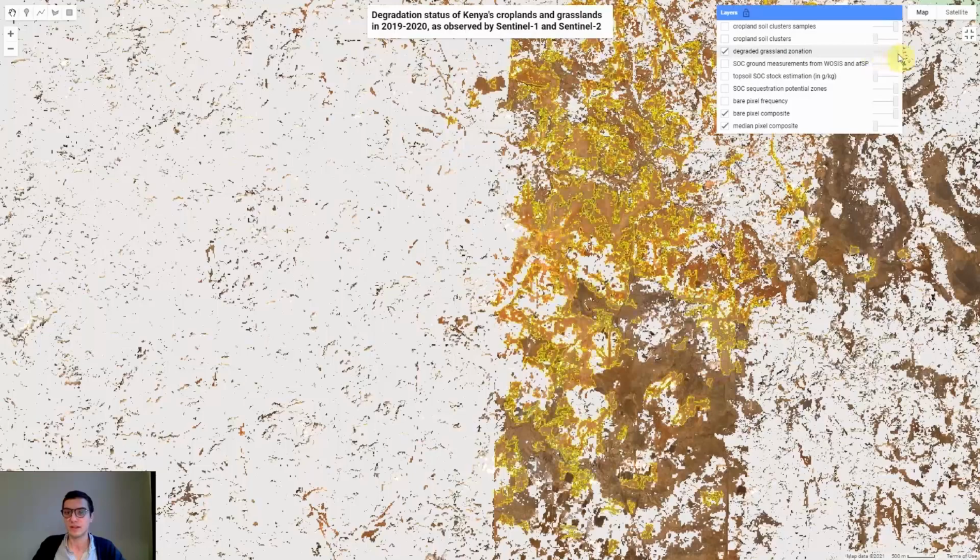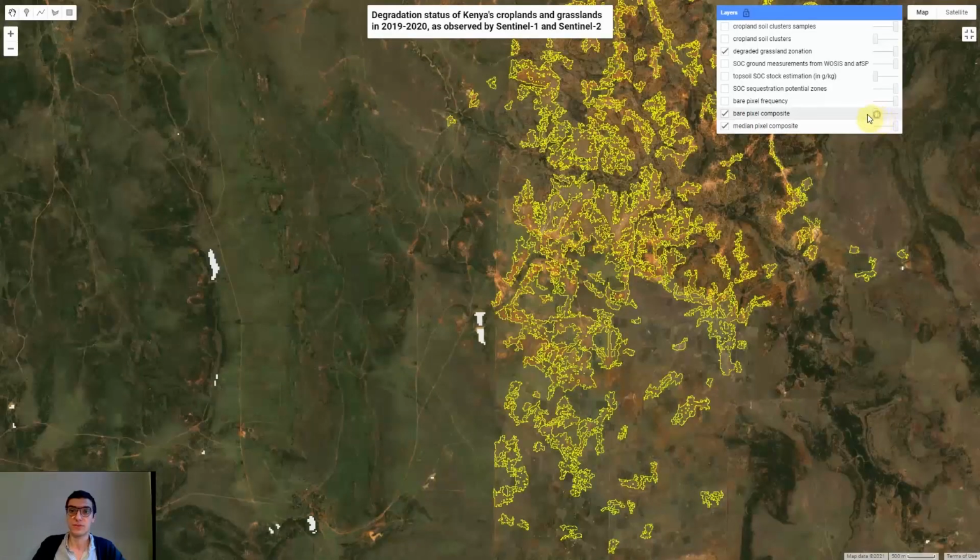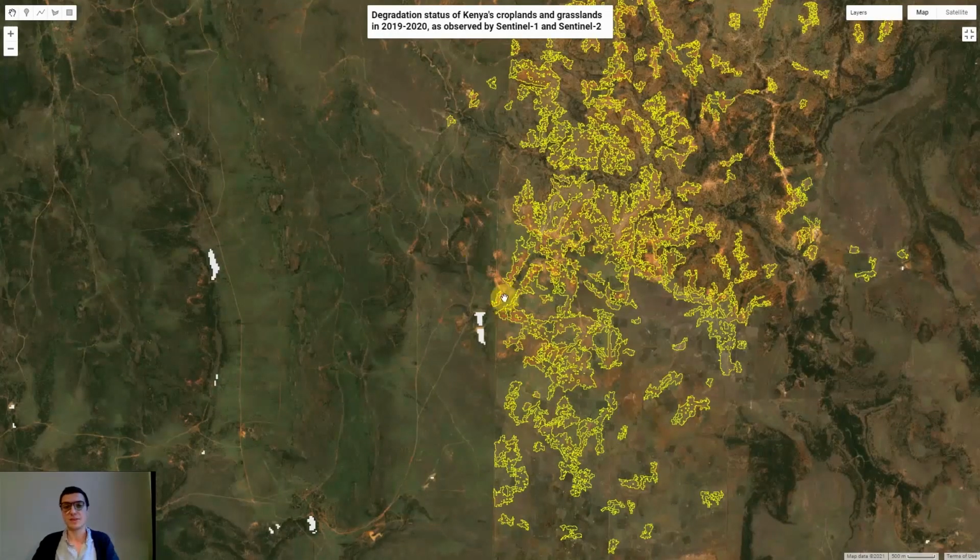So what we identified from those areas is the zones of particular degradation, or at least areas which should definitely be restored and regenerated.